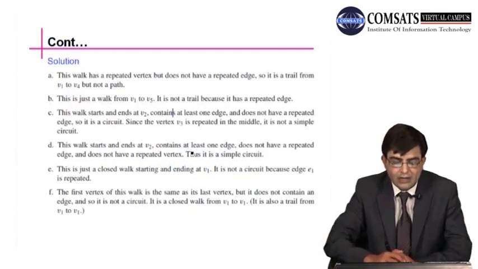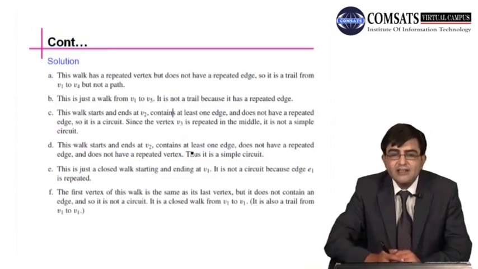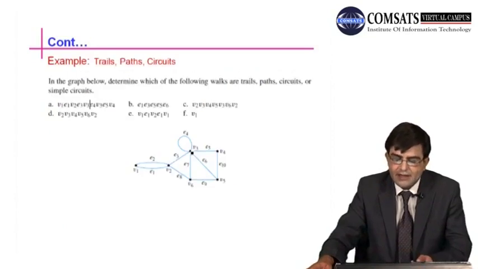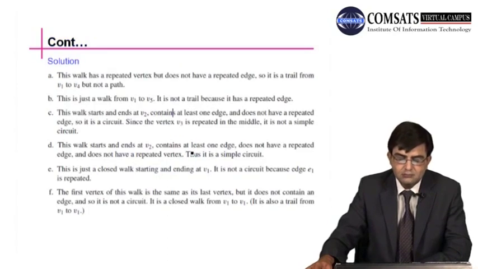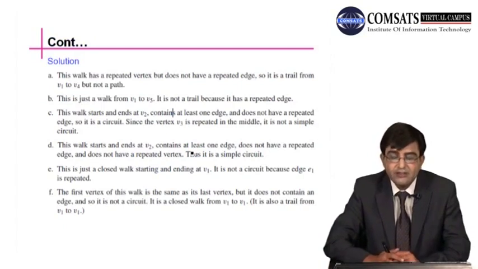In part A, the walk has a repeated vertex. What is the repeated vertex? V3 is repeated here 2 times, but it doesn't have any repeated edge. It doesn't have any repeated edge, therefore it is a trial from V1 to V4.